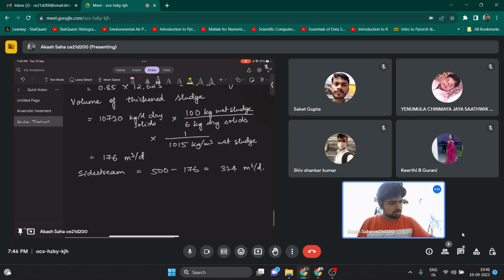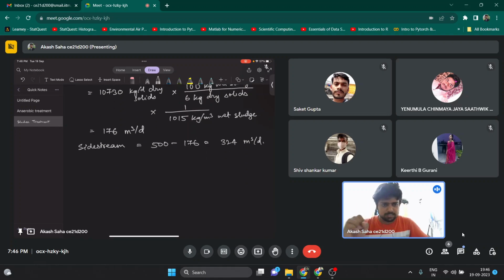Now after this sludge thickening, it is going to dewatering. Again in dewatering, some part of solids will get captured. So what is the capturing efficiency? It is now 90%.